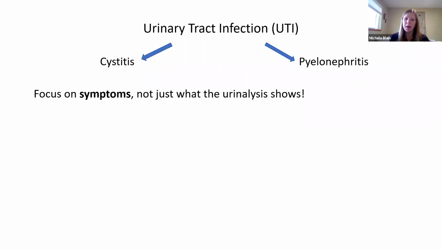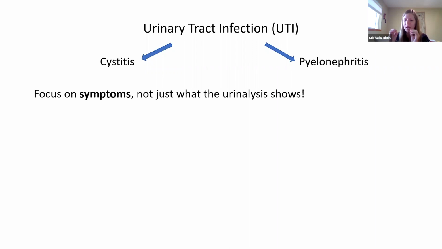Just my plug, but especially in the outpatient setting, and in the inpatient setting as well, we think about and treat UTIs very strongly based on the symptoms. Urinalysis, or UA, can be helpful in ruling out a UTI, but I'm not looking for must have LE, must have nitrites, those kinds of things.